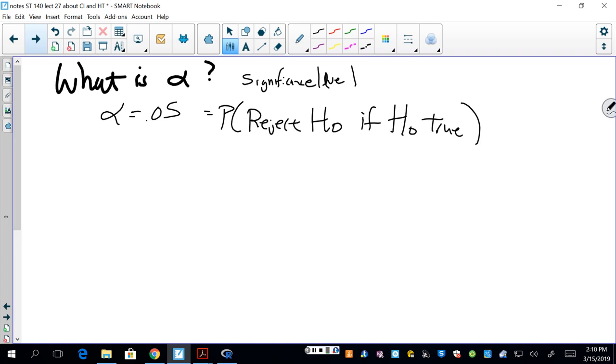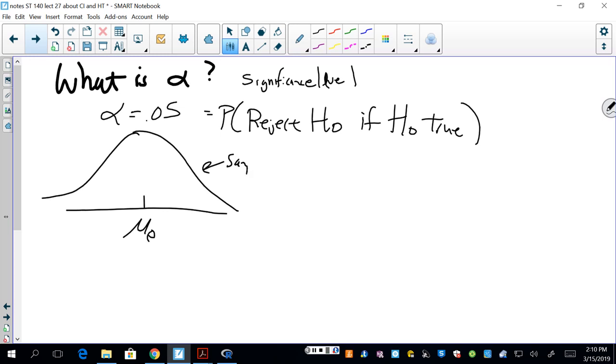We usually draw this picture right here. Here's the sampling distribution of X bar. And if we get an X bar that's extreme, we reject.